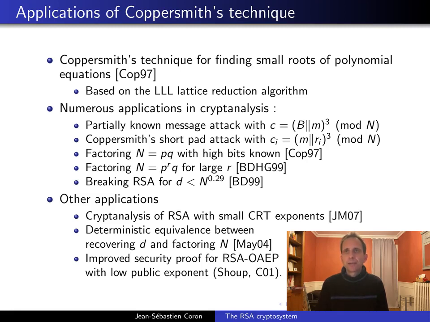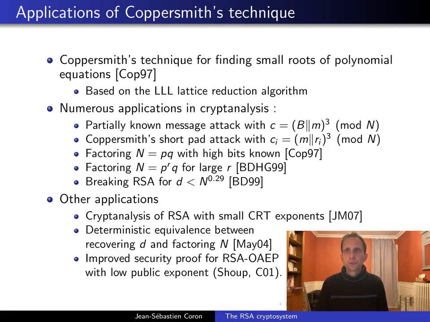And there is also breaking RSA when the private exponent d is less than n to 0.29, which is a small improvement compared to Wiener's attack. And there are actually other applications. So we can break RSA when computing the RSA decryption with CRT, and when the CRT exponents are small.